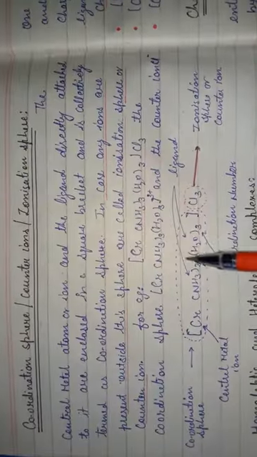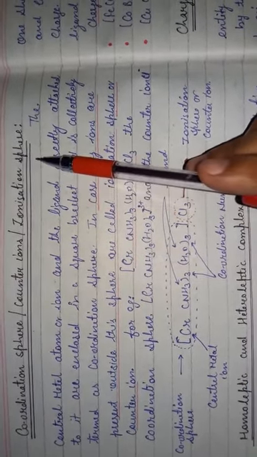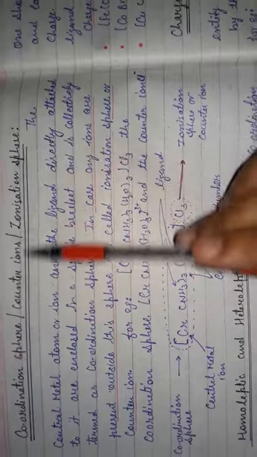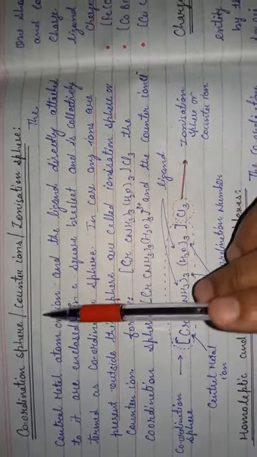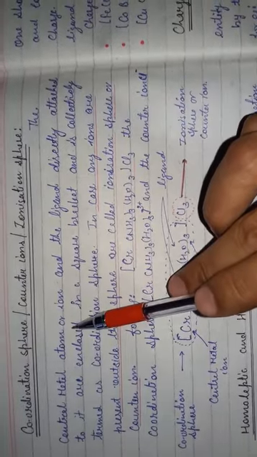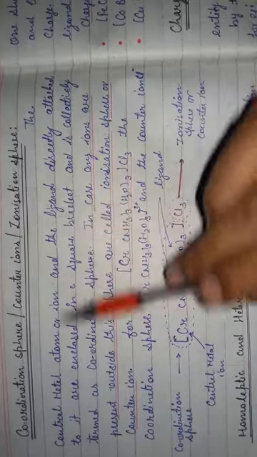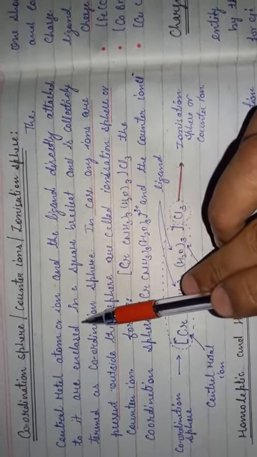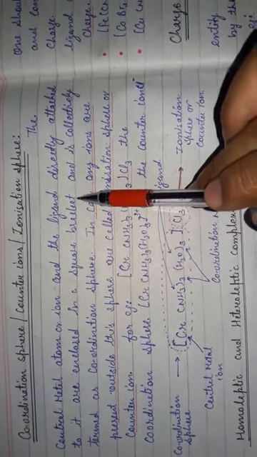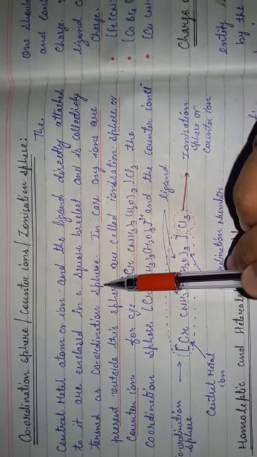Next topic is coordination sphere, counter ions or ionization sphere. All these terms have the same meaning. The central metal atom or ion and the ligands directly attached to it are enclosed in square brackets and collectively termed the coordination sphere.